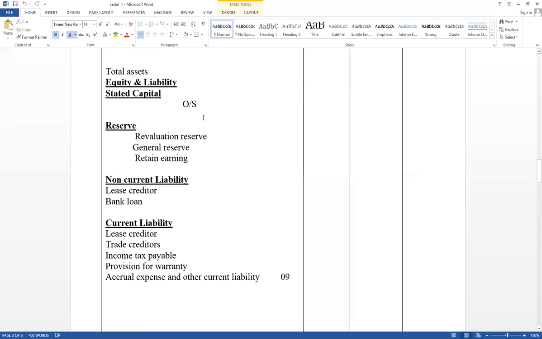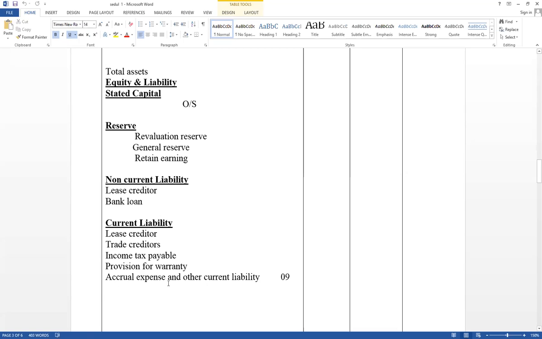Then think about the equity part: ordinary shares and reserves, revaluation reserves, general reserves, and retained earnings. And liability: think about lease creditor, non-current liability, current liability. Lease creditor as well as bank loan, and current liability: lease creditor, trade creditor, which is equal to trade payable, income tax payable, and provision for warranty.